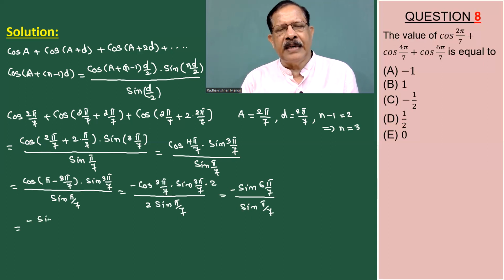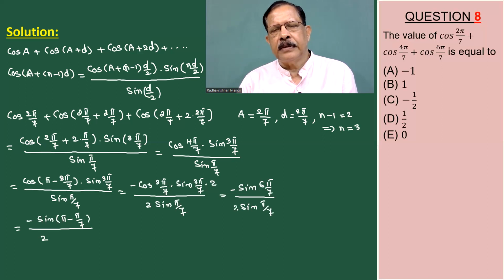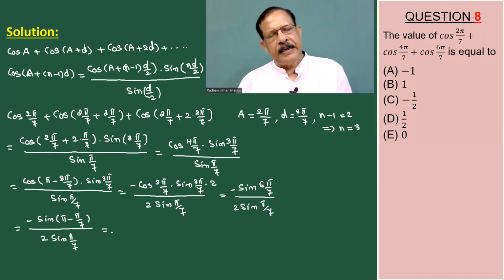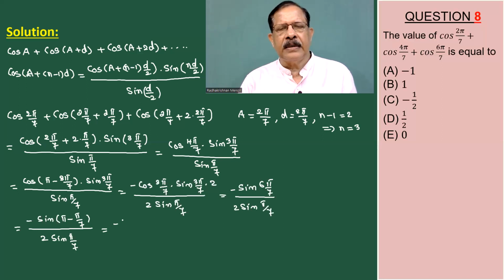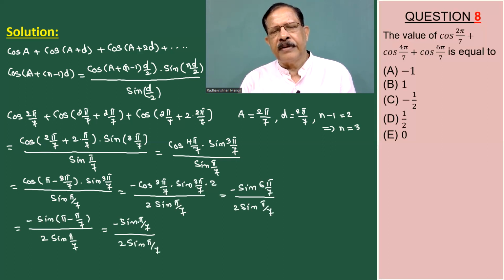Sin(6π/7), again using the reduction formula, π − π/7. What is sin(π − θ)? It is sin θ only, the minus is already there. So −sin(π/7) divided by 2 sin(π/7). Sin(π/7) is getting cancelled, so we are getting −1/2.